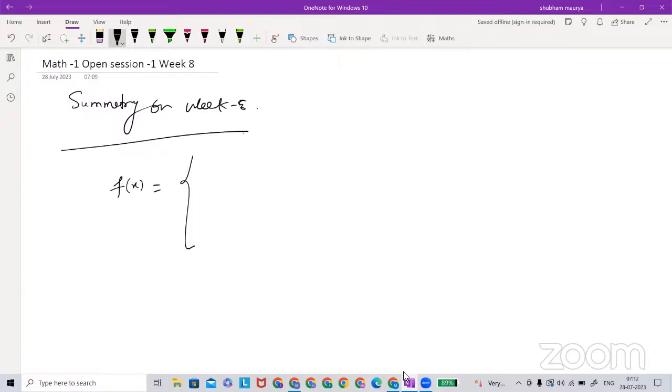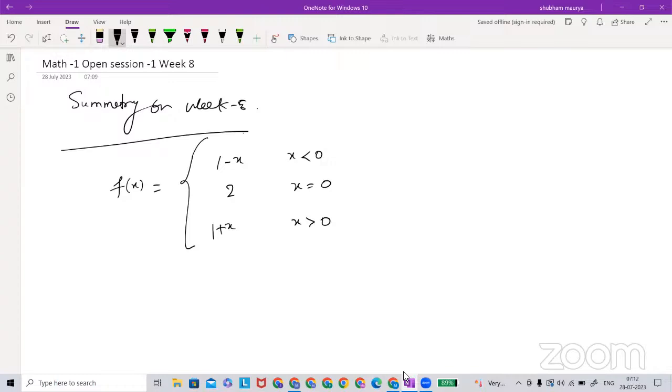So let me create an example here, which is 1 minus x when x is less than 0, and this is 2 when x is equal to 0, and 1 plus x when x is greater than 0. Suppose this is a function you have.